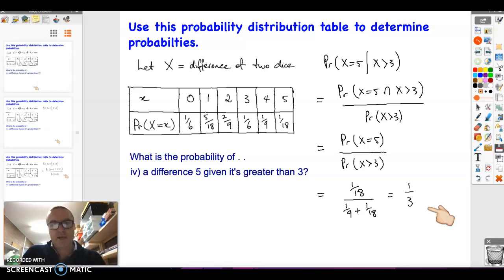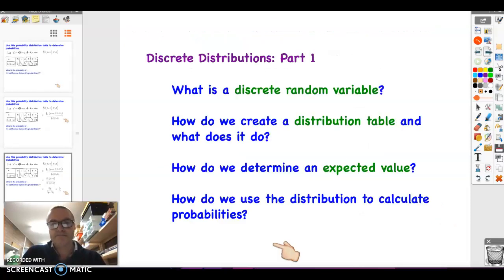So we've used this probability distribution as a very handy way of seeing all the probabilities associated with each individual outcome, and we've used those to calculate probabilities in different ways. So hopefully now you have an idea of what we mean by a discrete random variable. You certainly will after we compare that to continuous random variables later on.